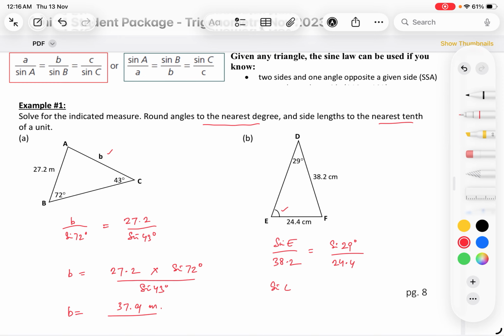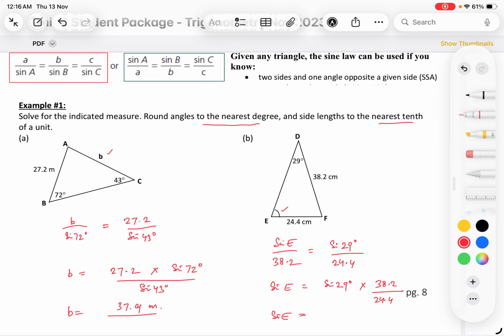So sine of angle E is equal to sine of 29 degrees multiplied by 38.2 divided by 24.4.